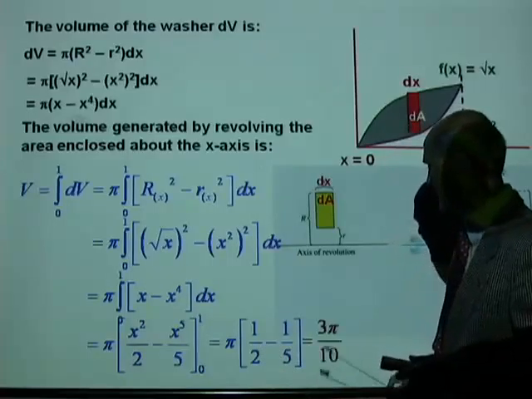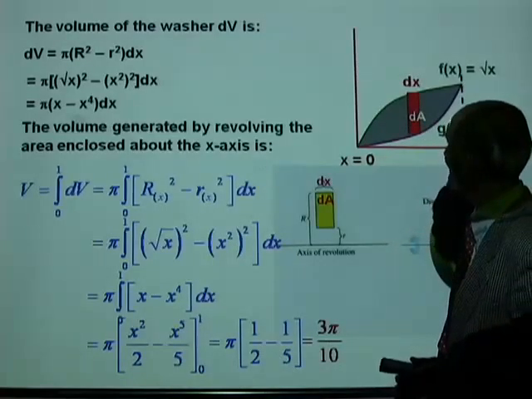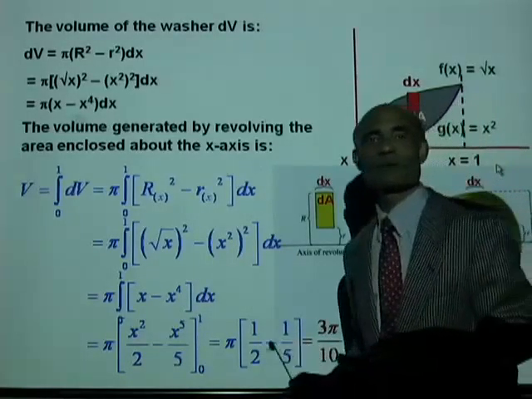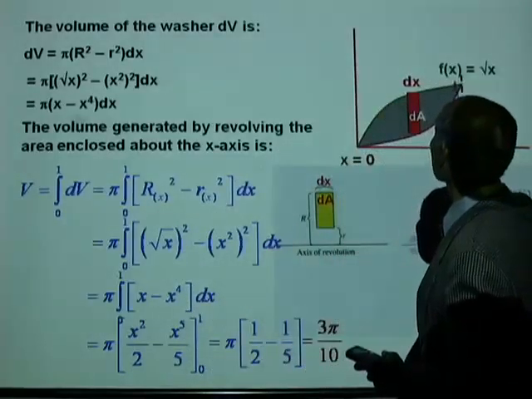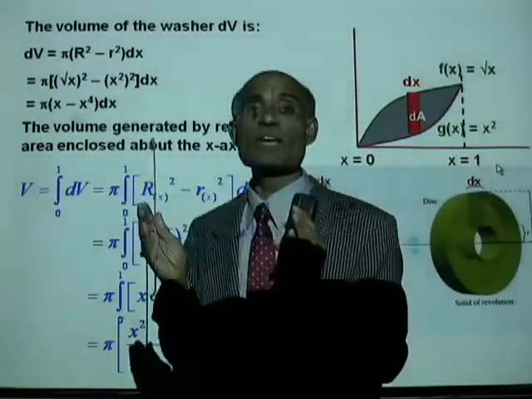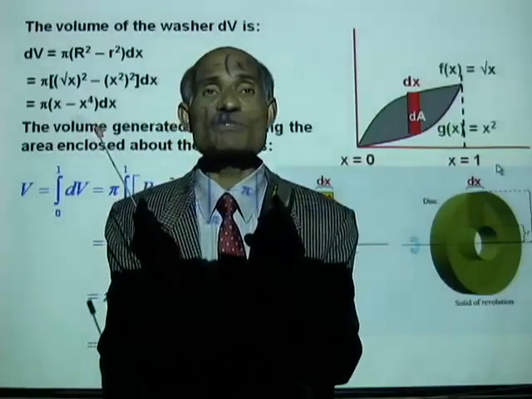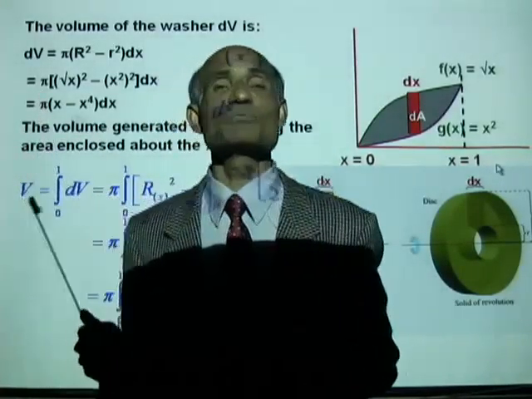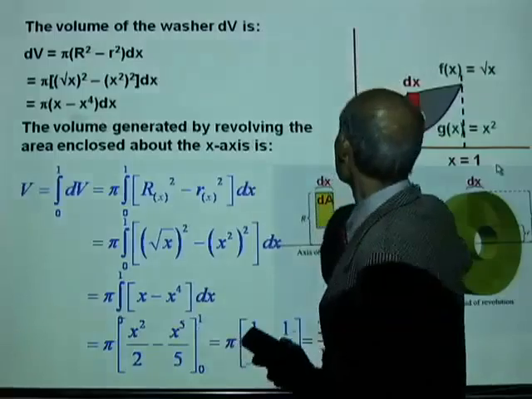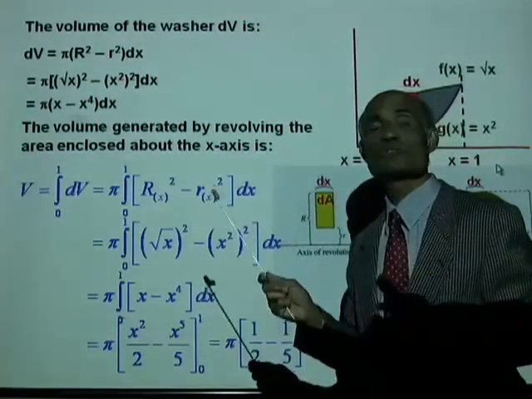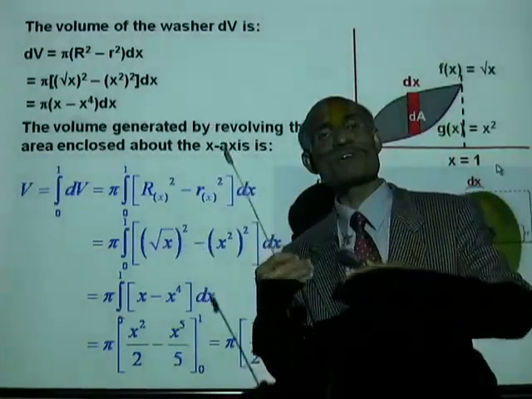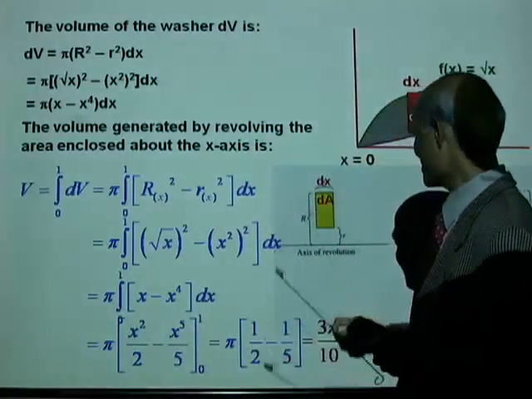And simplify that, you get 3 pi over 10 is what you get by revolving this area enclosed by f of x equal to square root of x and g of x equal to x squared. The area enclosed by these two graphs when revolved about the x-axis, that is the volume you get.